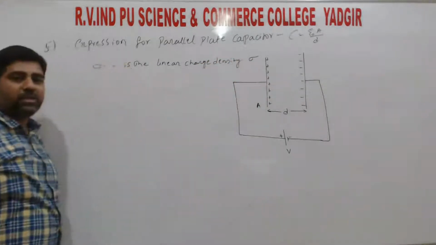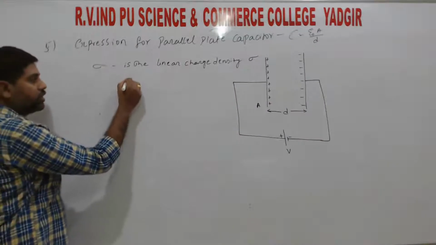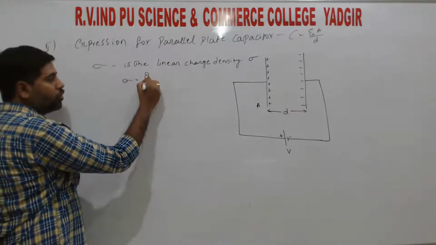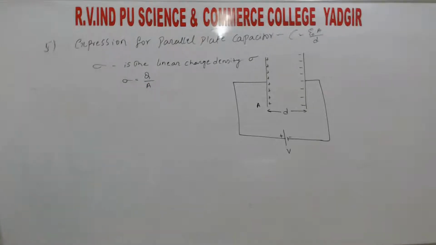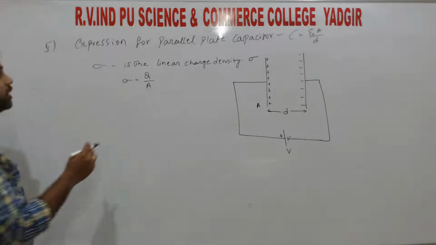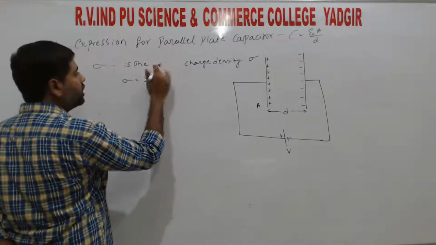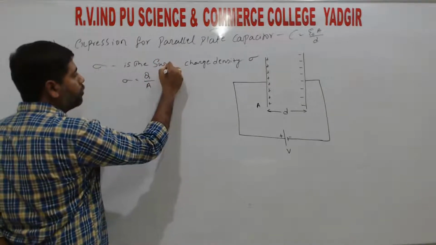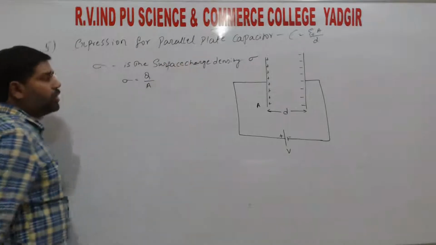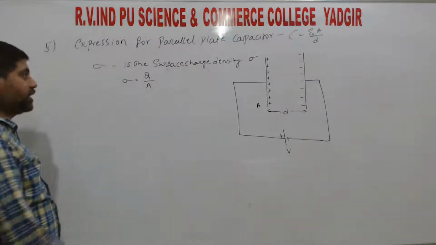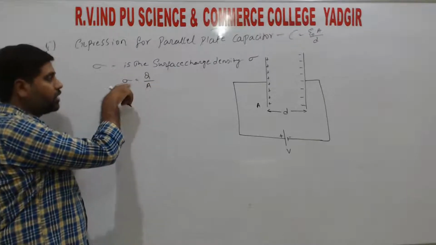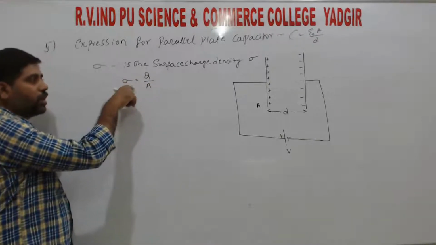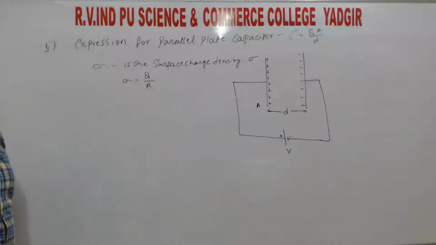So sigma is the surface charge density, and we have the relation sigma is equal to q divided by A, right? So this is the relation between sigma and charge q, right?